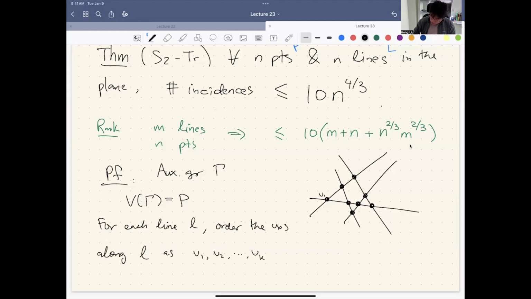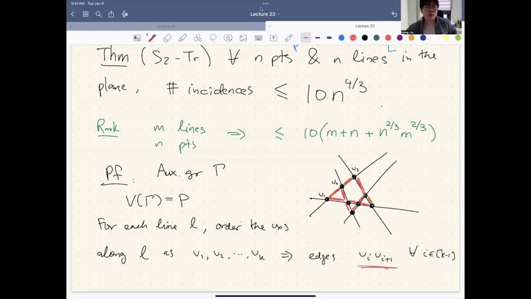So this is like V1, V2, V3. Then the edges are ViVi+1 for all i from 1 to k minus 1. Okay, these are the edges. Let me draw. This is the corresponding auxiliary graph with the red edges.